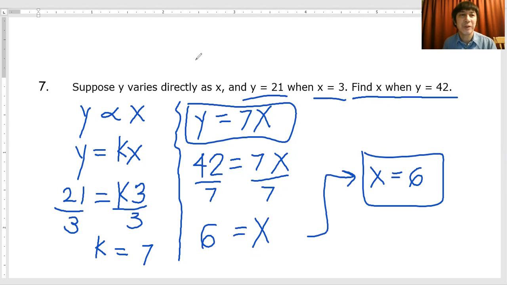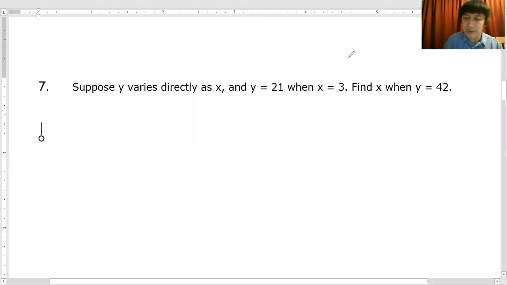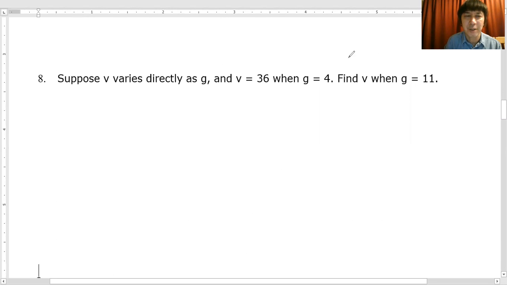All right, so we will continue with the next number 8. Let's clear the screen and proceed to number 8. Scroll downwards, and here's number 8. The next number is here.